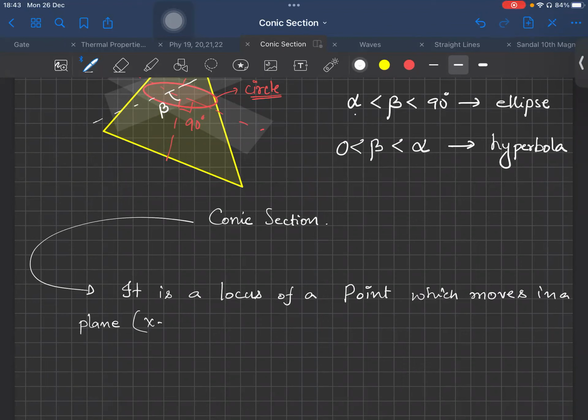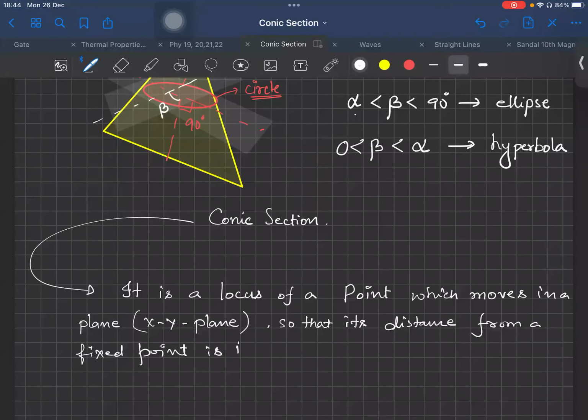So we are talking about the XY plane here, so that its distance from a fixed point is in a constant ratio.